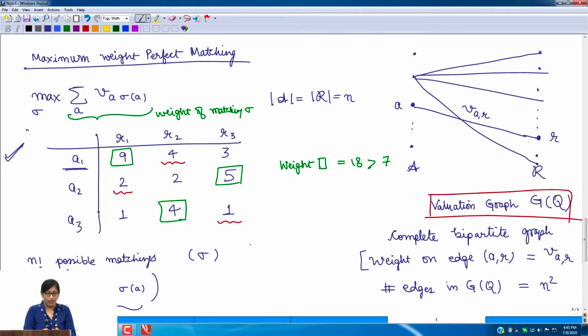First of all, we know that a maximum weight perfect matching can be computed in polytime for a given complete bipartite graph. It comes via linear programming. You just write a linear program and it's an integral polytope.